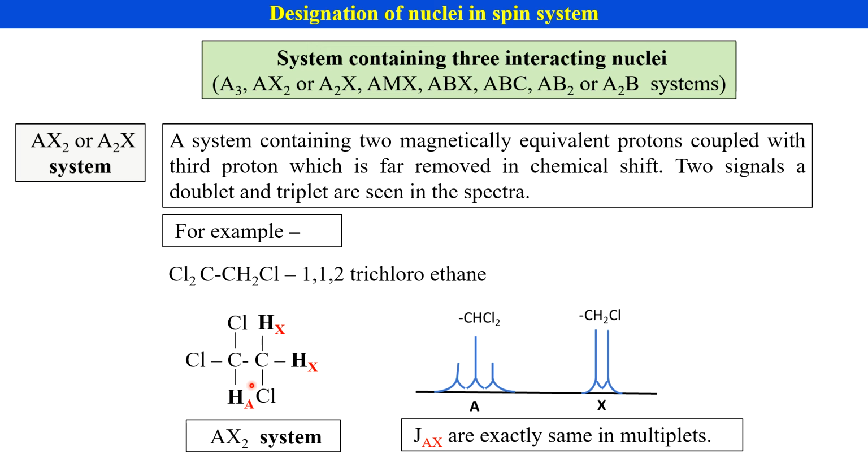A is designated for the highly deshielded proton. A gives the triplet while the X proton gives the doublet in the spectra according to the n+1 rule. And in that case, J of AX is exactly the same in both multiplets. This is the AX2 system or A2X system.